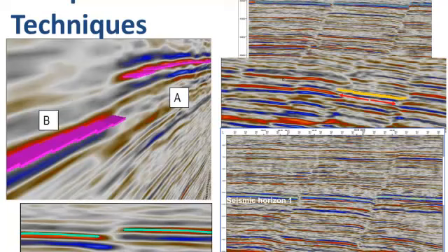Sometimes they are interpreting 2 or 3 horizons at the same time. Sometimes they start with just the faults first in order to understand maybe the trend of the structure of the area, then jump to horizon interpretation.